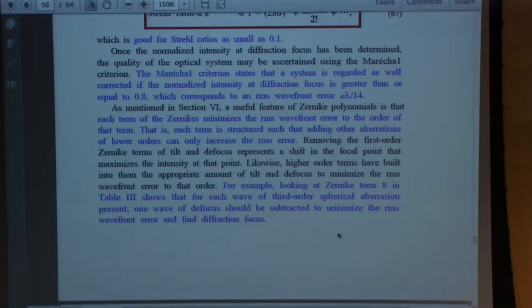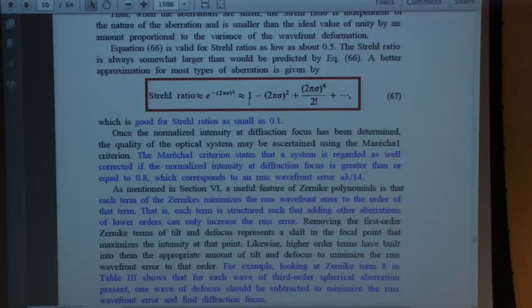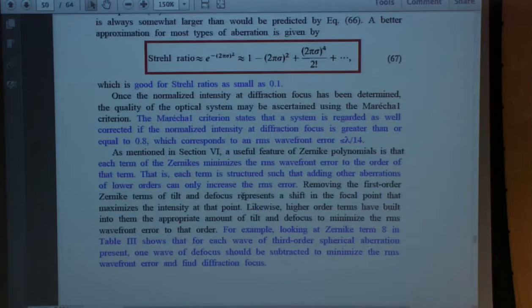And just repeating again, for my favorite term, the Zernike 6 rho to the 4th minus 6 rho squared plus 1, for every wave of third order spherical, you want to subtract 1 wave of defocus to minimize the RMS. And so to find the maximum Strehl ratio, to find diffraction focus.